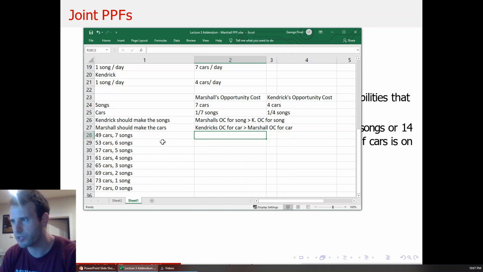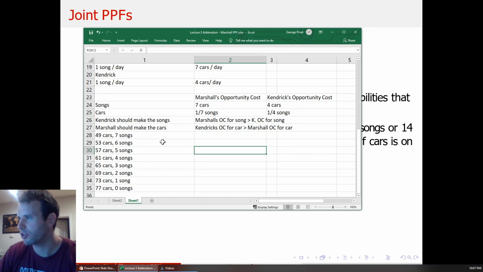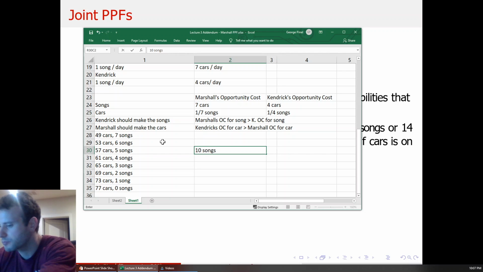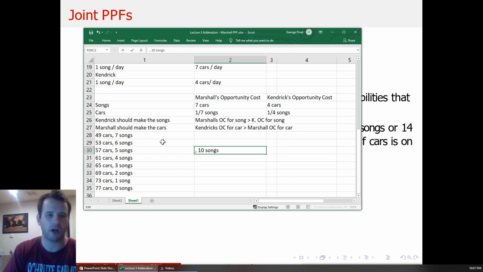So let's say 8, 9, 10. So 10 songs, right? If they're making 10 songs and Kendrick has comparative advantage in songs, Kendrick should make the first 7. Then Marshall should make the next 3.